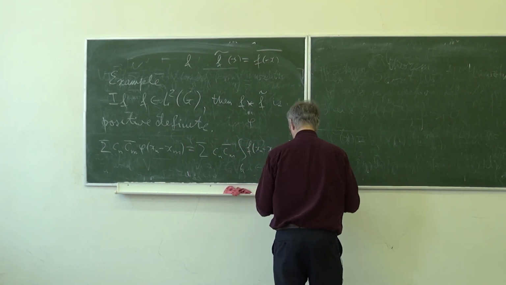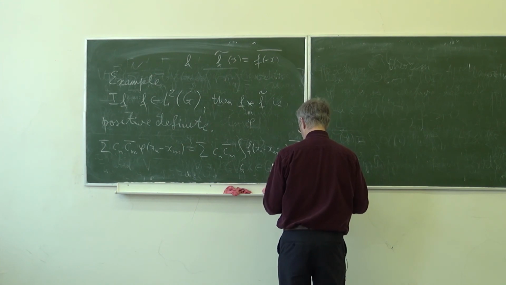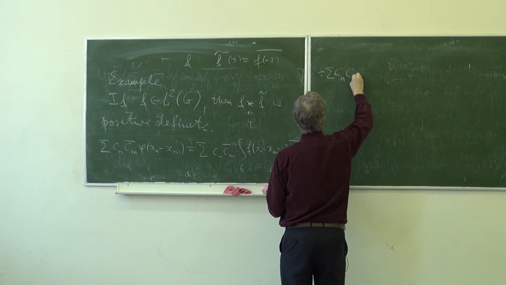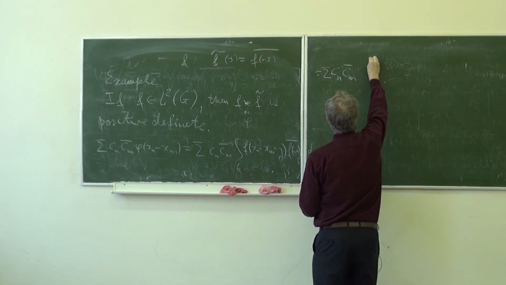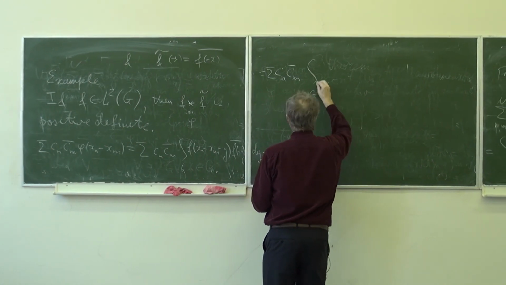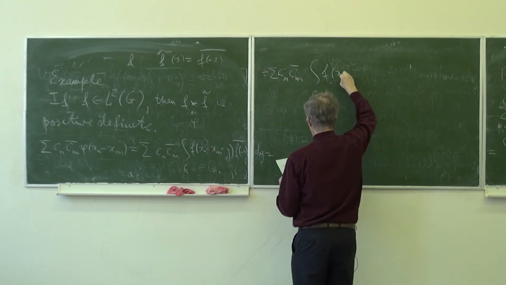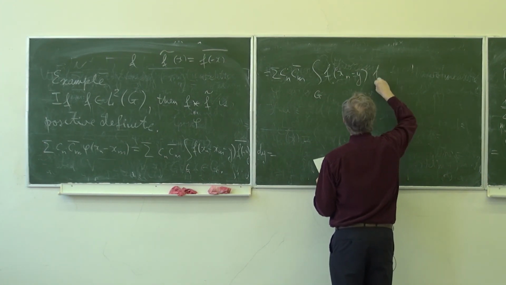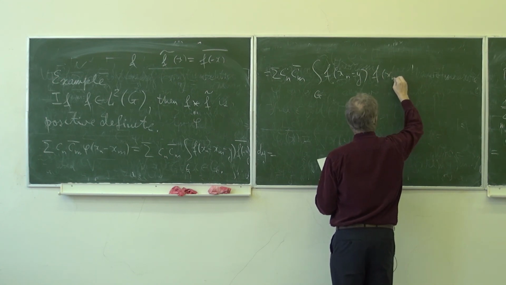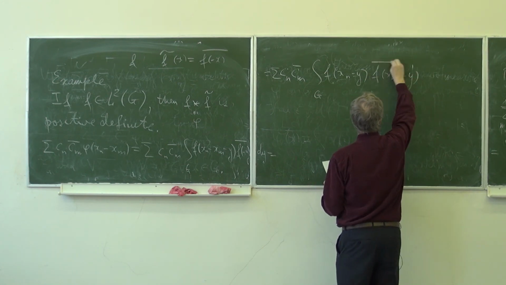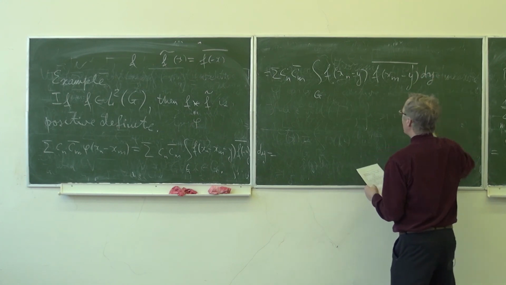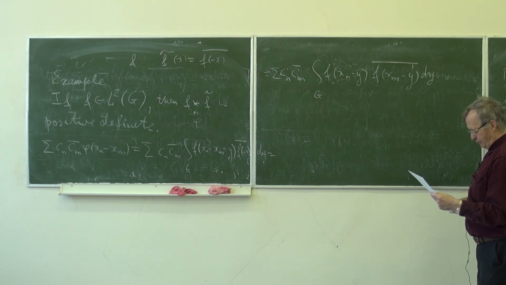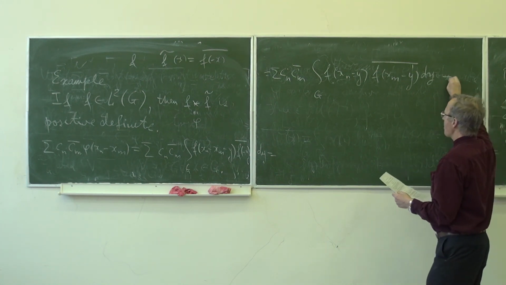So by the invariance of the Haar measure, this is equal to the sum of Cn bar, integral over g f of xn minus y, f of xm minus y bar dy, and again we obtain here some square of the modulus of a complex number.